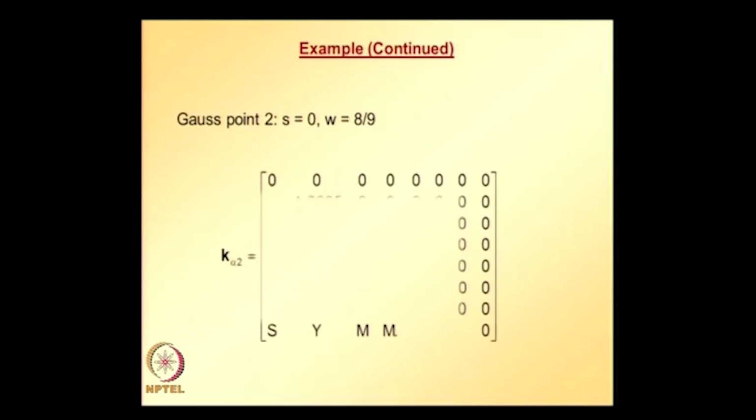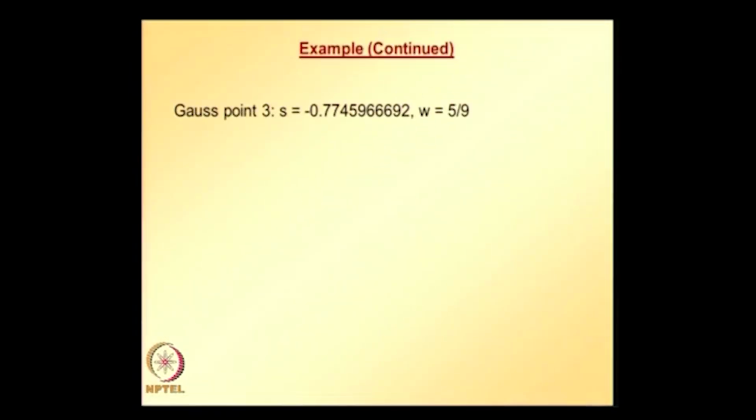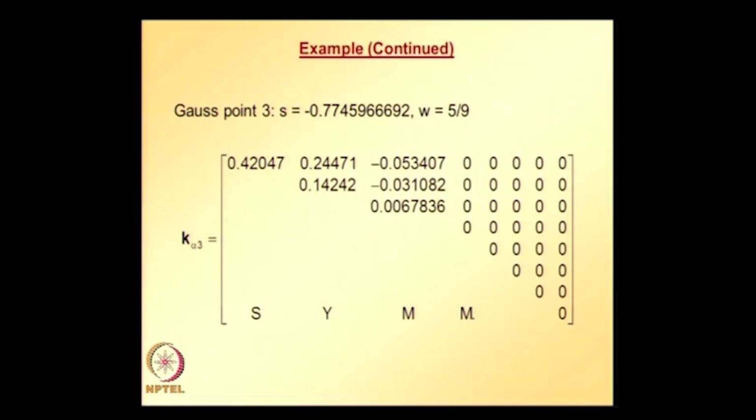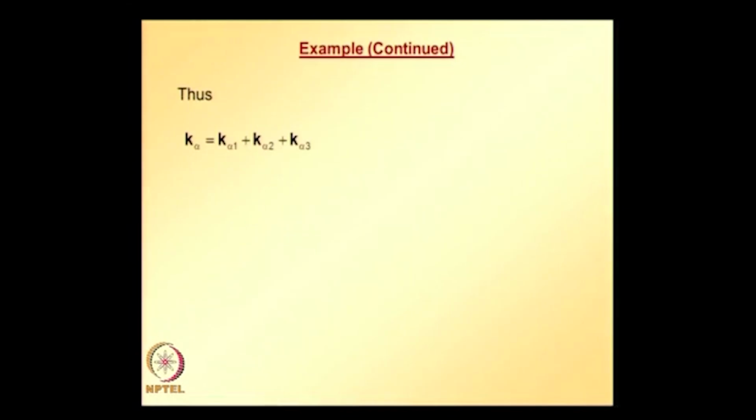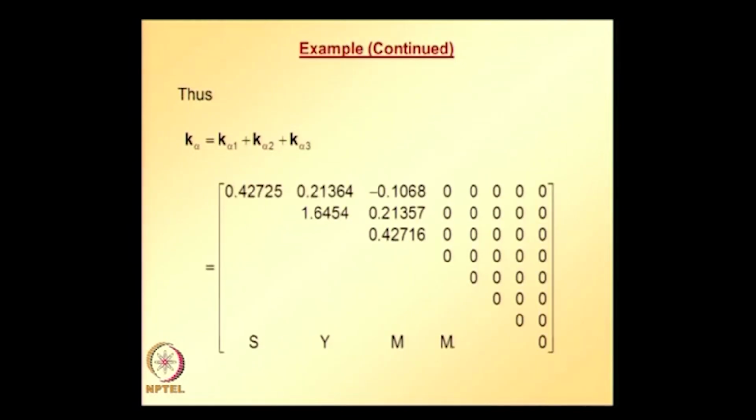Similarly, the second integration point contribution by taking the shape function vector at this point, and the third integration point contribution, and summing all the contributions we get the k alpha matrix. So this is how we can evaluate area integrals and boundary integrals for both the 4 node quadrilateral element and the 8 node serendipity element.